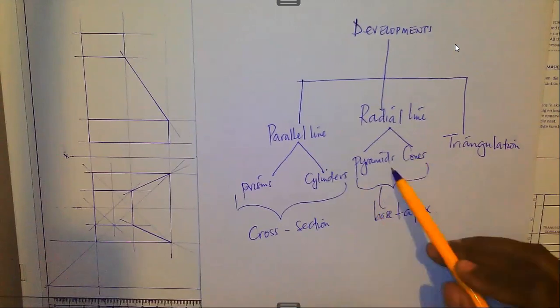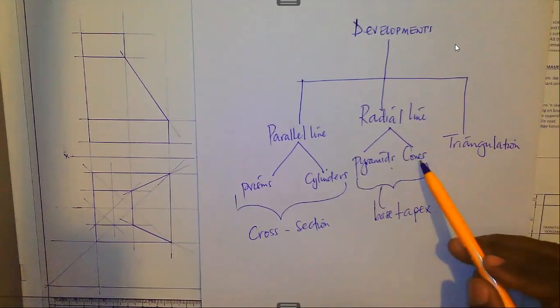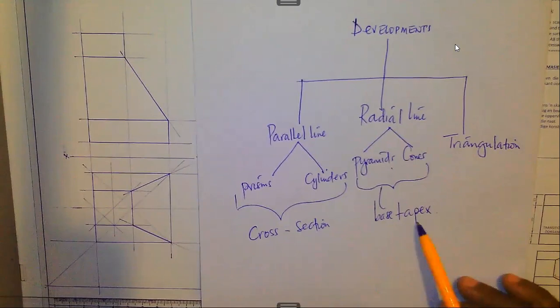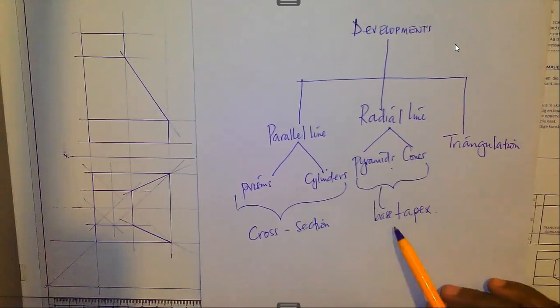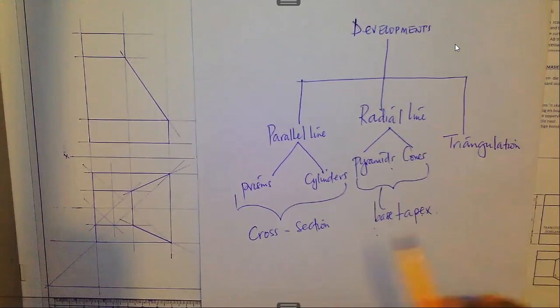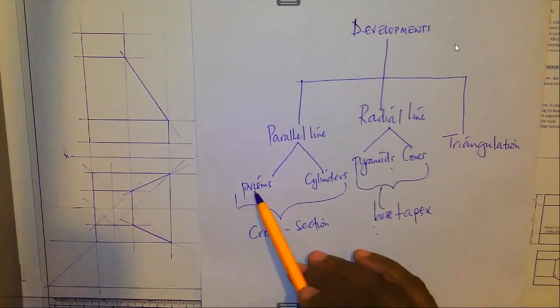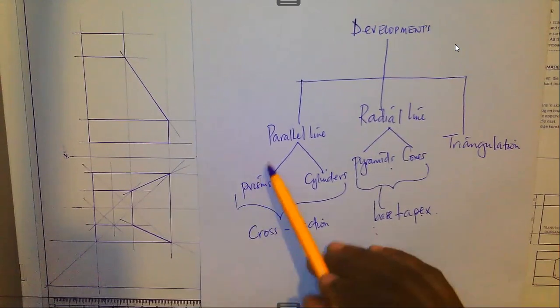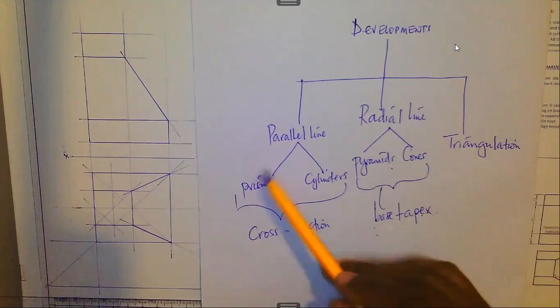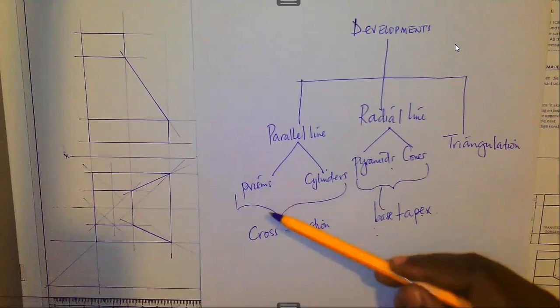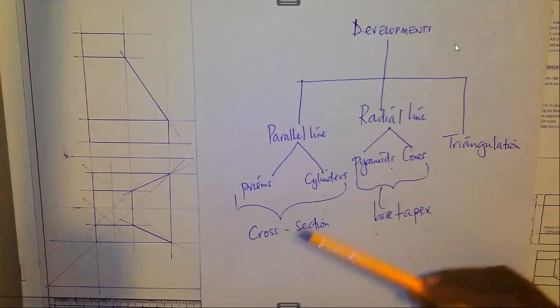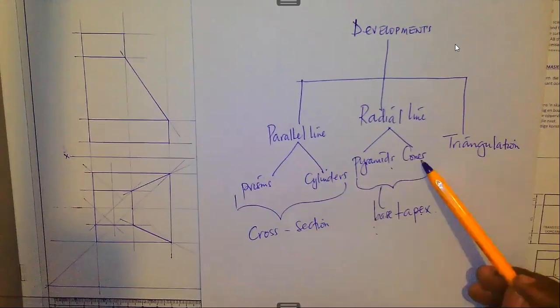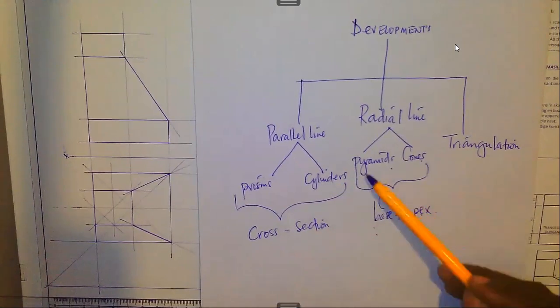Whereas if you look at a prism, it has two identical faces, either at the top or at the bottom. The same applies with a special type of prism, which is a cylinder. A cone is a special type of pyramid.